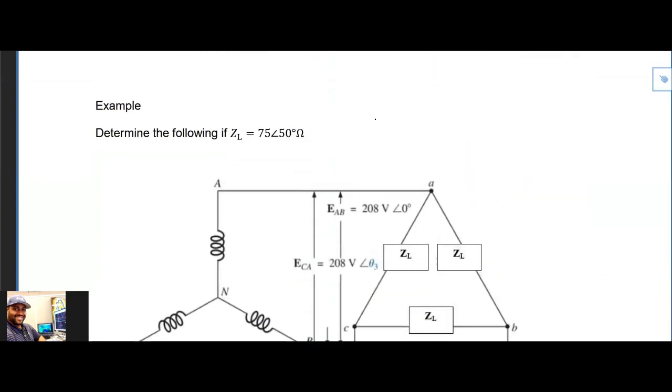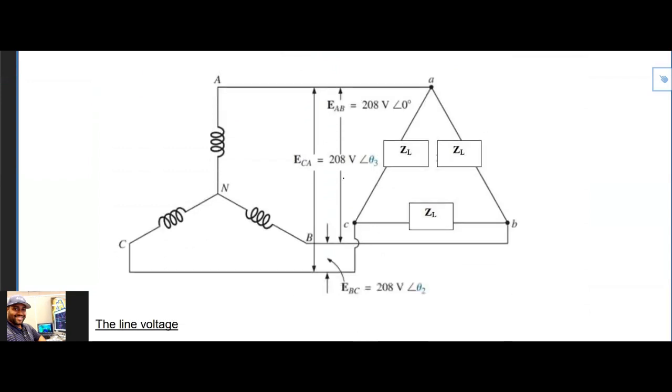All right, so here's an example. Determine the following. If ZL, this impedance, equals 75 at an angle of 50 degrees. So what is given is your line voltages, which in this case they specify that EAB is going to be your reference voltage because we made it equal to 0.